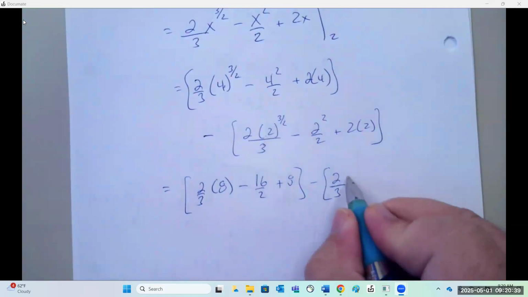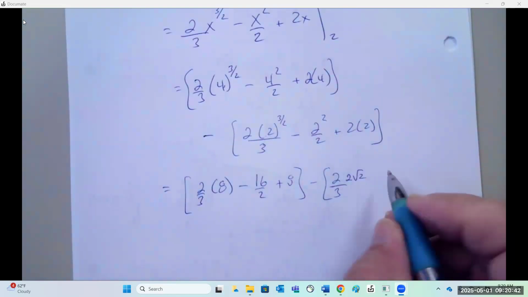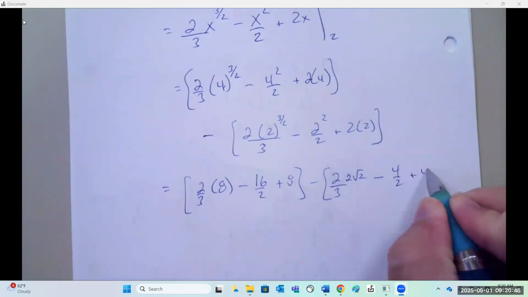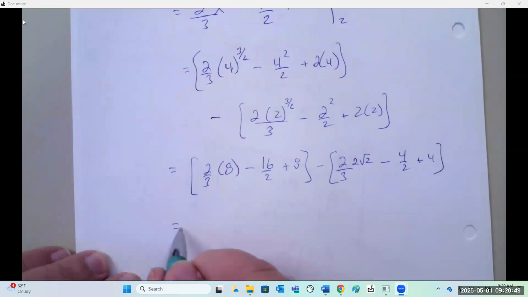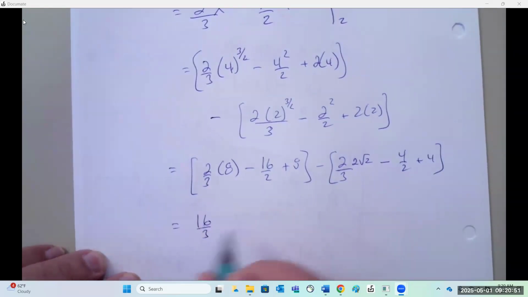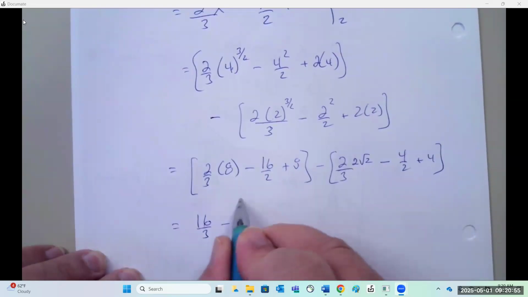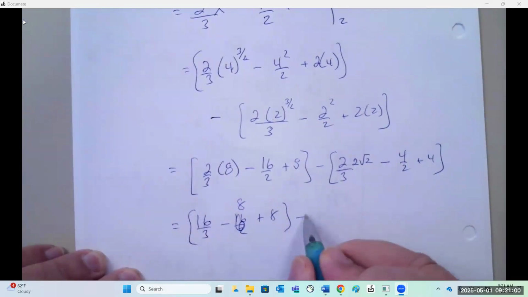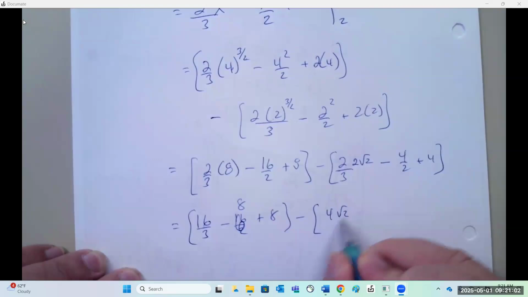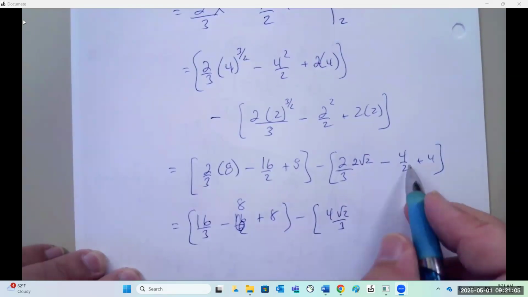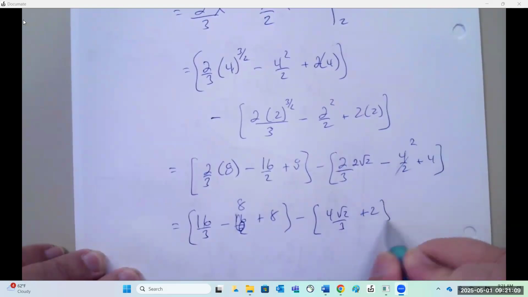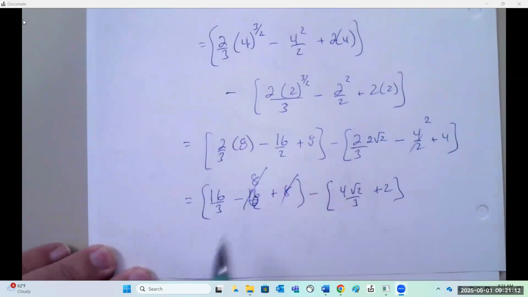2 cubed, that one's going to be 2 square root of 2. We've done that one 3 times already. 2 squared is 4 over 2. So 16 over 3 minus 16 over 2, which is 8, plus 8, minus 4 radical 2 over 3. 4 over 2 is 2, so negative 2 plus 4 is positive 2. Those cancel.